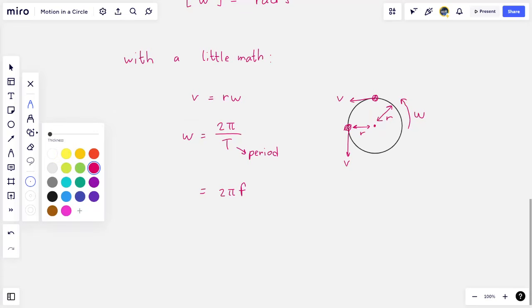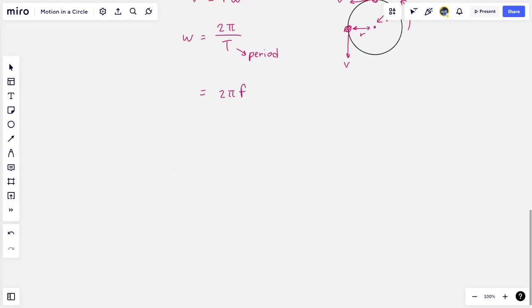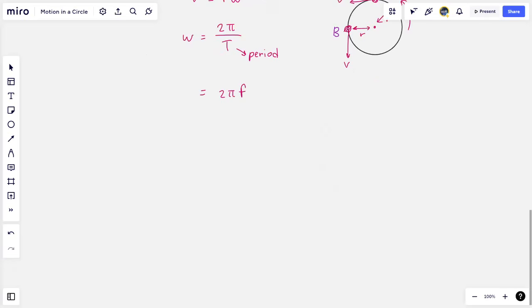And so what I can see here is this velocity points in different directions. So if I consider this first point to be A and then the second point to be B, the velocity is constantly changing. But wait, we remember something about this. If velocity is changing, maybe it's because direction is changing, not because speed is changing.